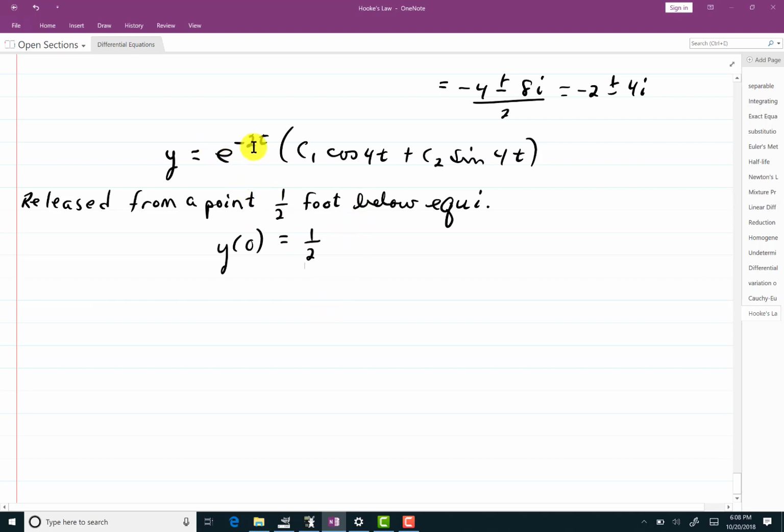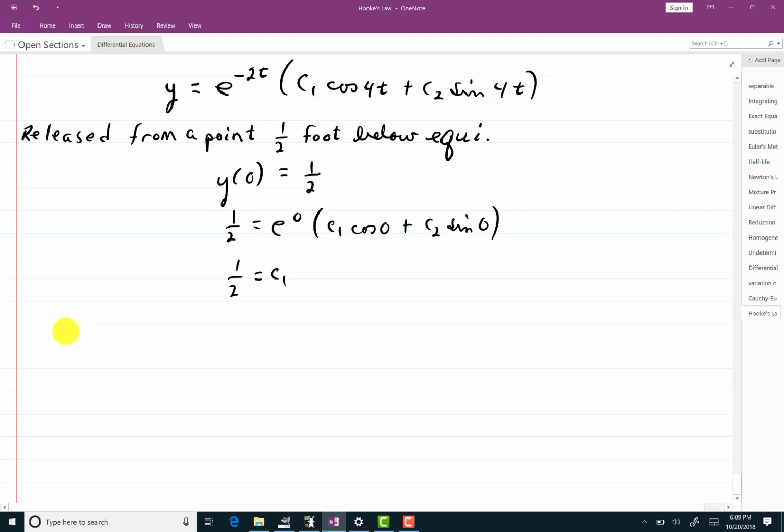So if I throw in t equals 0 here, the sine will disappear, and it looks like I'll get 1/2 will equal e to the 0, c1 cosine of 0 plus c2 sine of 0. That'll just tell me that 1/2 equals c1. And so now my equation of motion is y equals e to the -2t times 1/2 cosine of 4t plus c2 sine of 4t.